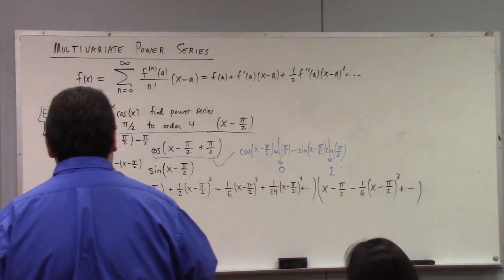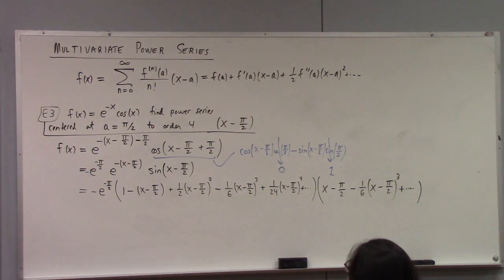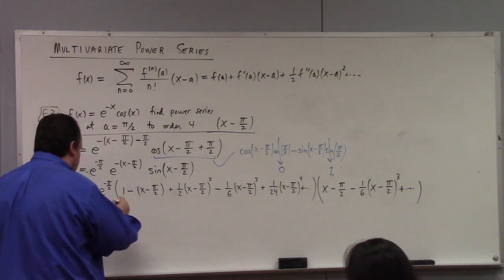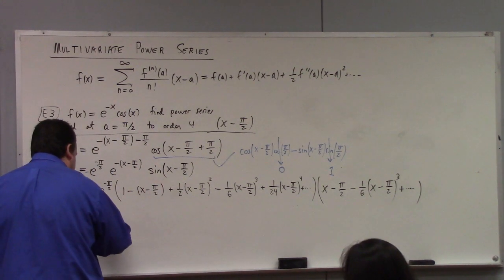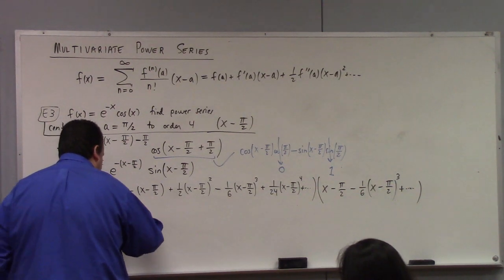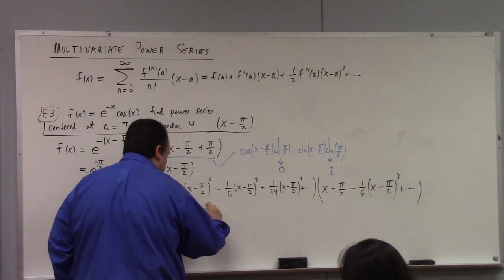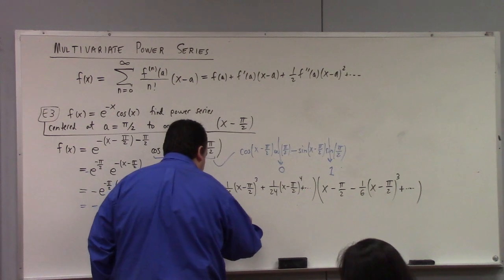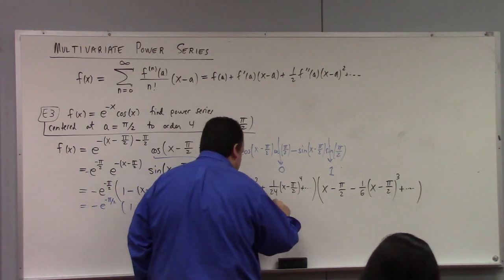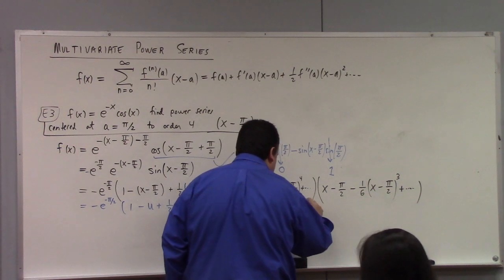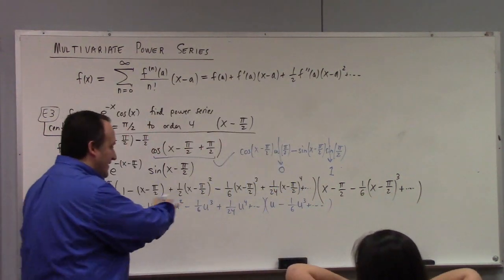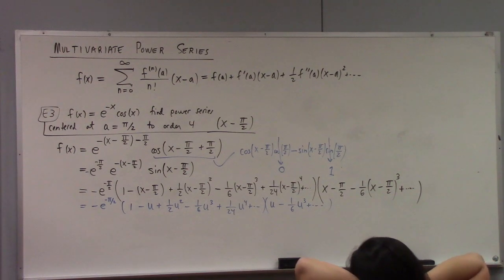It would have been very helpful if, instead of using x minus pi over 2, even at the last step, I'd used a different letter as shorthand. So this is minus e to the minus pi over 2 times 1 minus u plus 1/2 u squared minus 1/6 u cubed plus 1 over 24 u to the 4th plus dot dot dot, times u minus 1/6 u cubed. I think we're much less likely to make a mistake if we use that notation at this step.